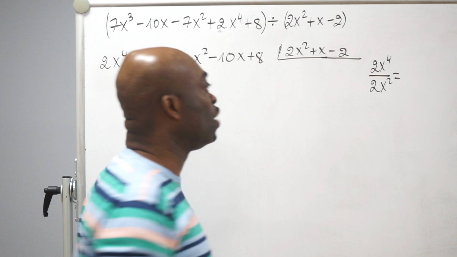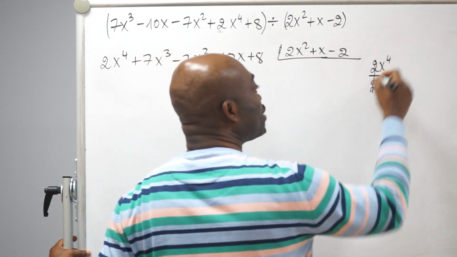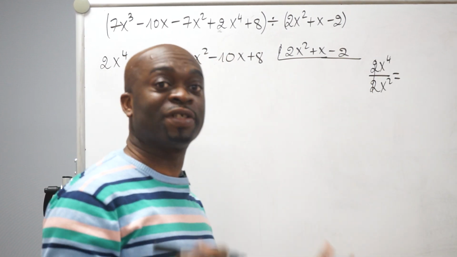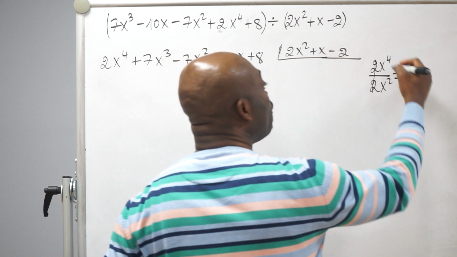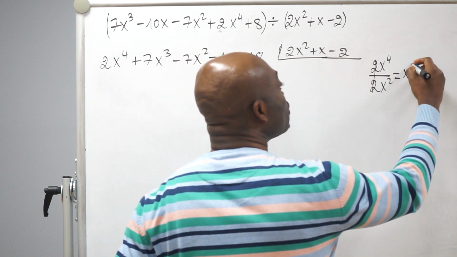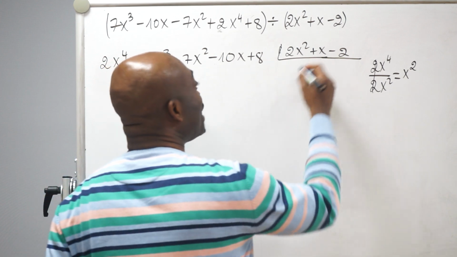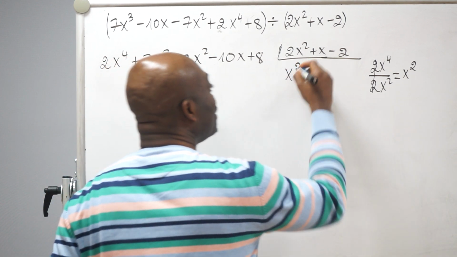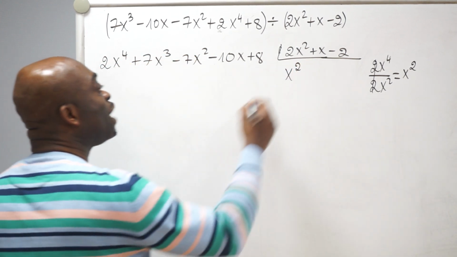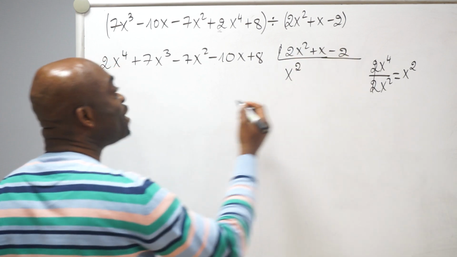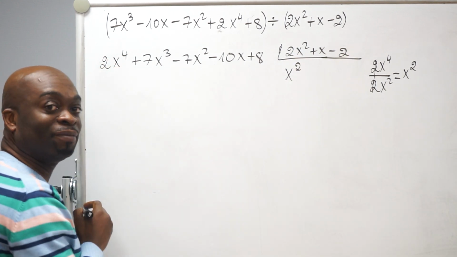The 2s cross out. x to the fourth divided by x to the second gives us x to the second power, because we're doing 4 minus 2, right? And the x to the second power goes right over here.